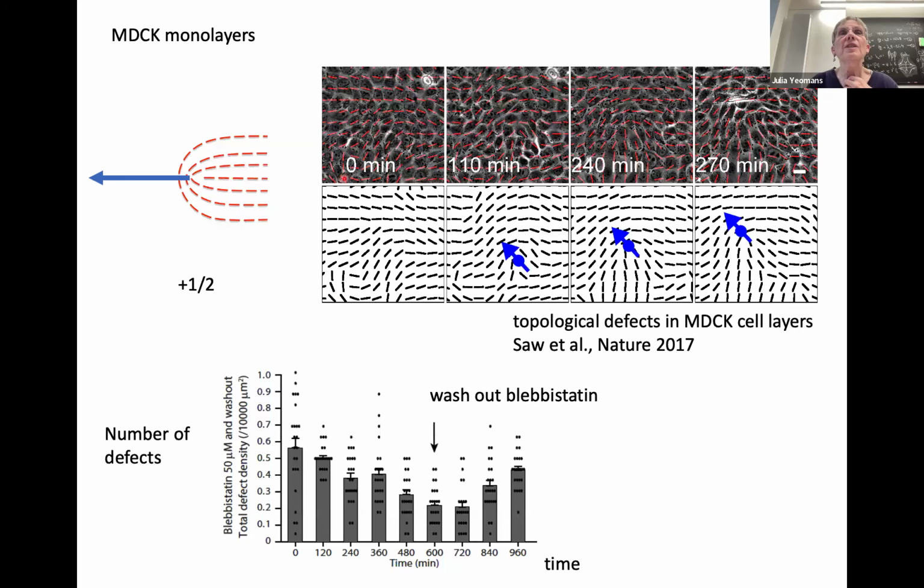So here's a picture from our original paper on this, which is that if you have a cell, a fluctuation can extend a cell locally. So one cell will go like this, but then because it's joined to its neighbors, it will also pull them to be extended. And so you'll get local nematic order because the cells are connected to each other.